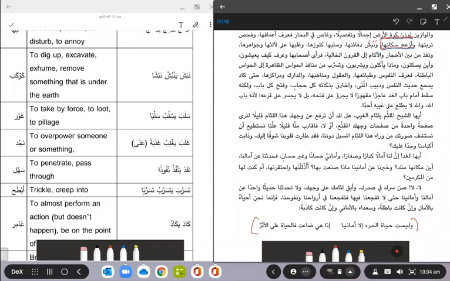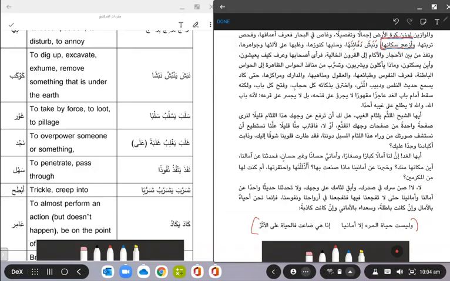So what did the human being dig up or excavate? This is a jama' word, dafa'inaha. The actual word is dafa'in, and it stops on the noon.